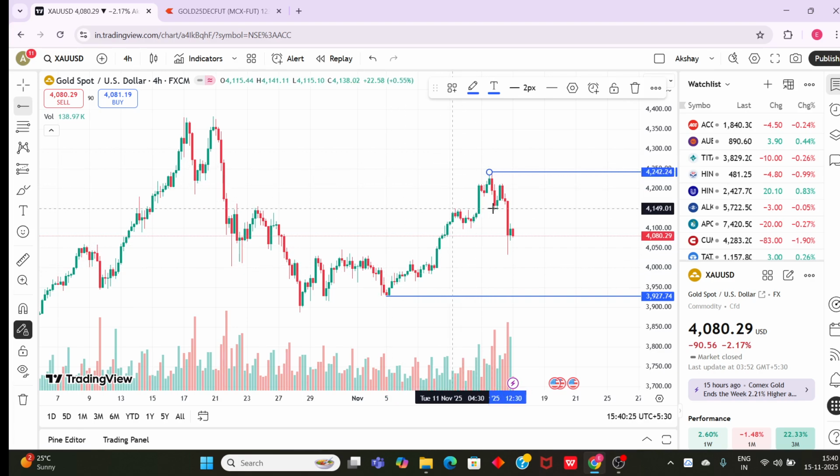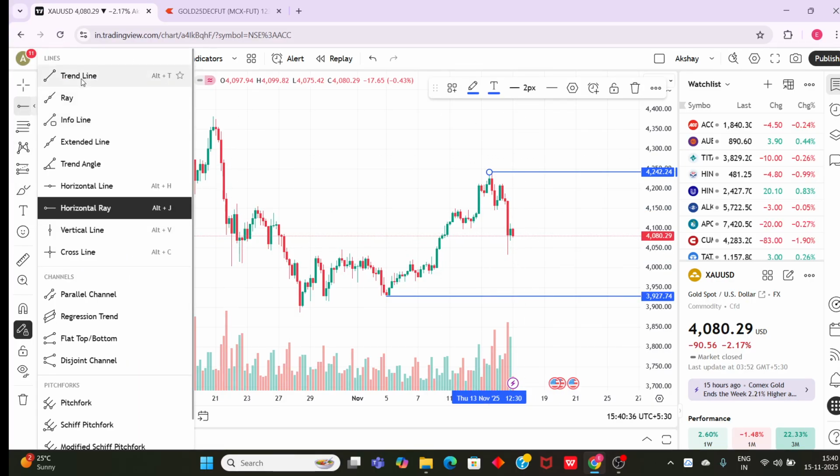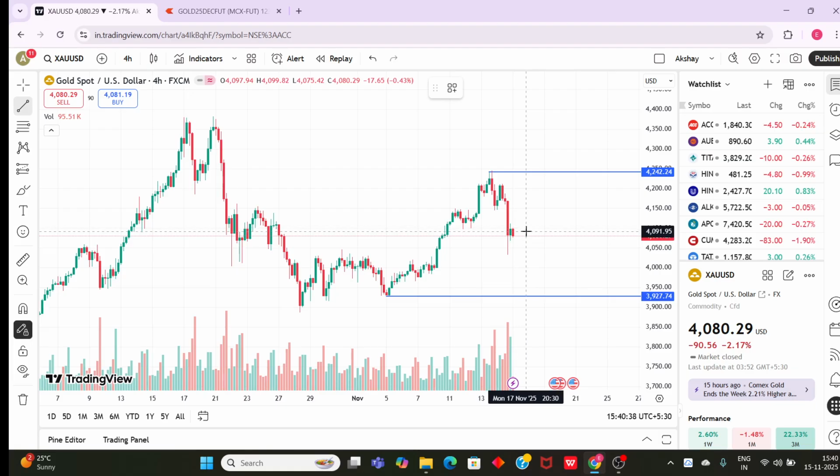So what you should do is, from the top, 4242 minus 157, which is 4085. 4085 is the 50% ratio here. Let me draw it for you.